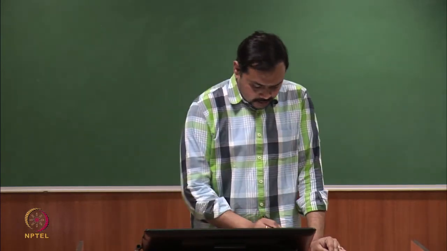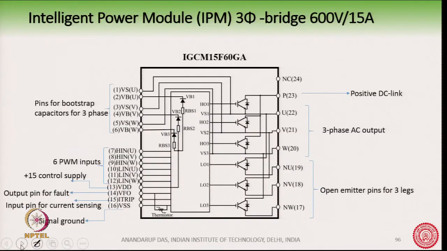Suppose you can see, for example, an IPM, from one of the manufacturers, Infineon, and you can see there are 6 IGBTs inside the IPM. 3 are the upper IGBTs connected to the positive DC link, and then you have the negative side open emitter pins for the other 3 legs.